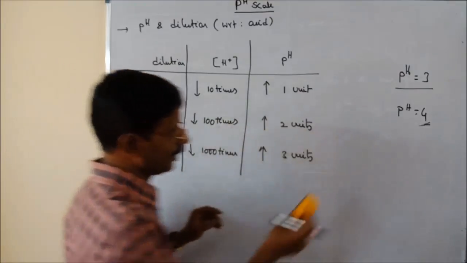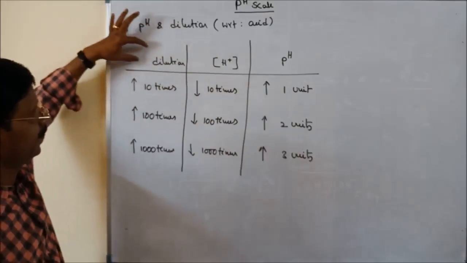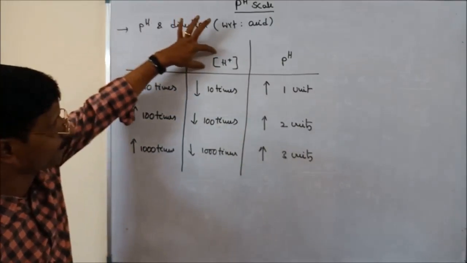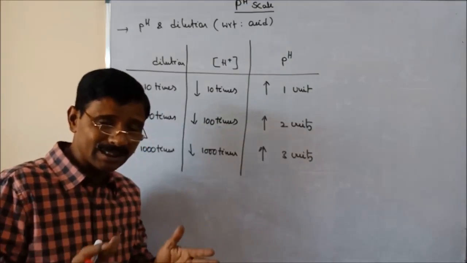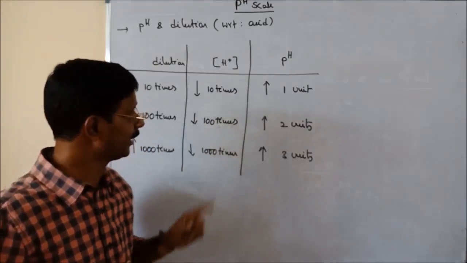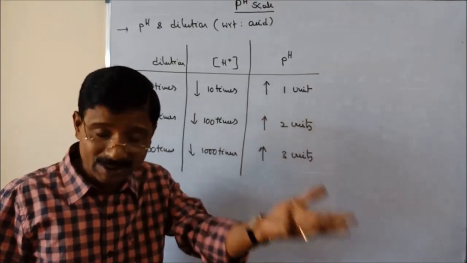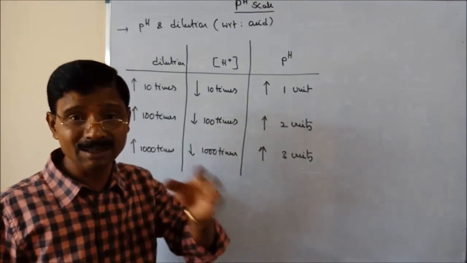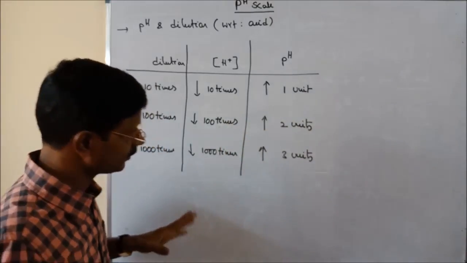But here, I want to give one clarity. See, here it is dilution, thereby H plus is decreasing. But we can decrease the concentration of H plus in 2 ways. One is by dilution or by adding a particular base. If you are adding the base, automatically H plus is decreasing.